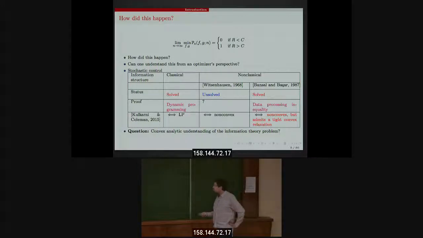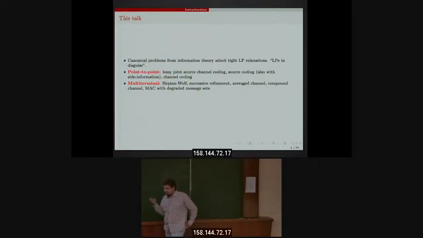Then the question became: is there a similar convex analytic understanding of information theory problems? In particular, this is finite alphabet, infinite block length information theory. What I'll show in this talk is that canonical problems in information theory admit tight LP relaxations.